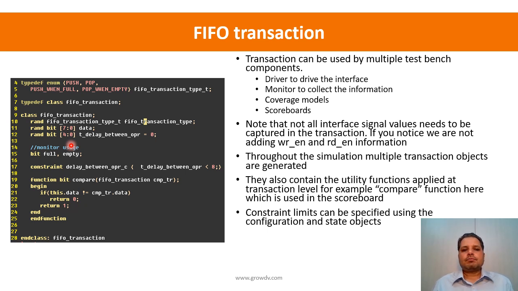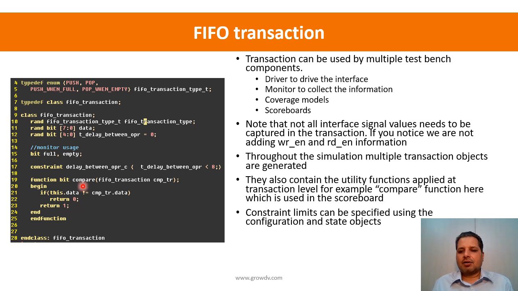Now, one question that might arise in our mind is what type of information should be part of a transaction. Typically I have seen that sometimes people tend to put all signals present in the interface as part of the transaction, though that is not required, because fundamentally what we are trying to do is raise the level of abstraction.